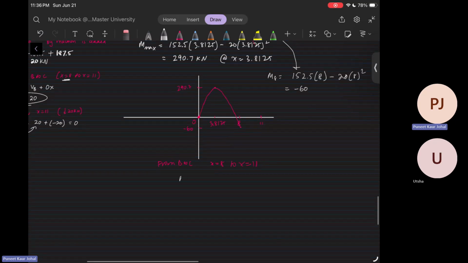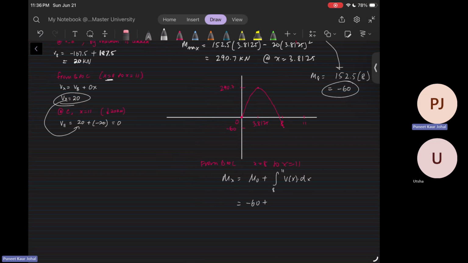Again, we will use the exact same approach. It doesn't have to be from 0 now, it will be from 8 to 11, dx. So the moment that we will start with is -60. And then Vx from B to C is just 20.